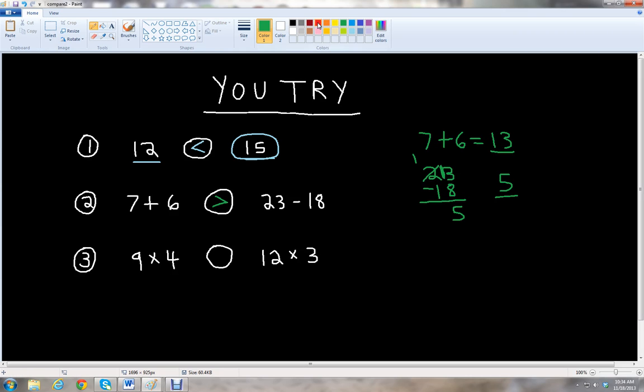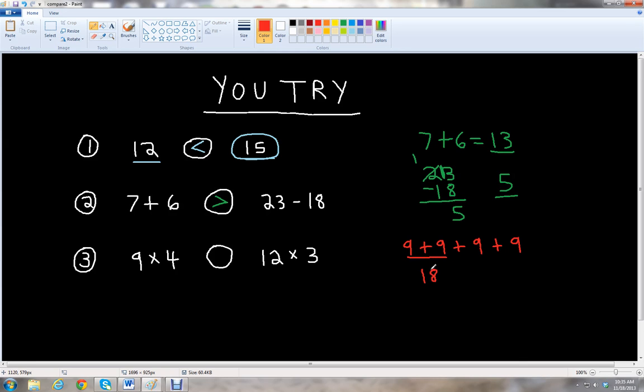And then our last problem that we do, number 3, we're comparing 9 times 4 to 12 times 3. So with 9 times 4, we can add 9 4 times. And this is in case you forgot your times tables. So we'll add 9 plus 9.